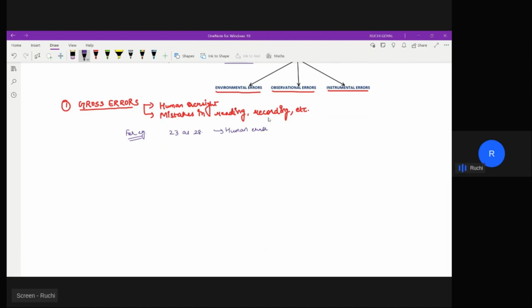Then we can see how these errors can be avoided. Proper care should be taken while reading and recording the data.